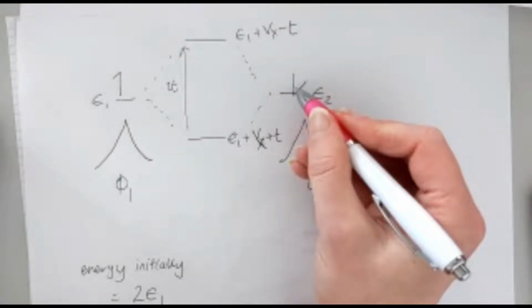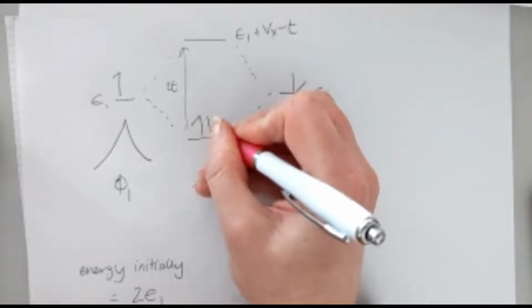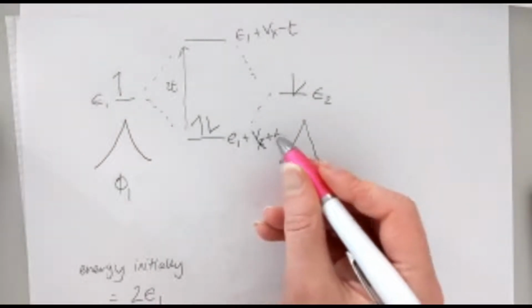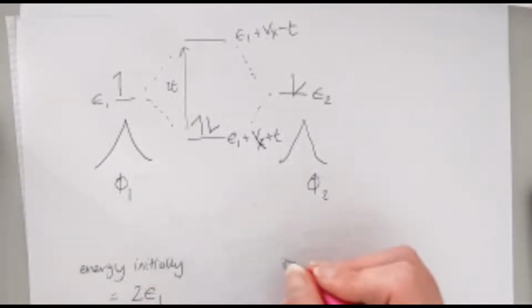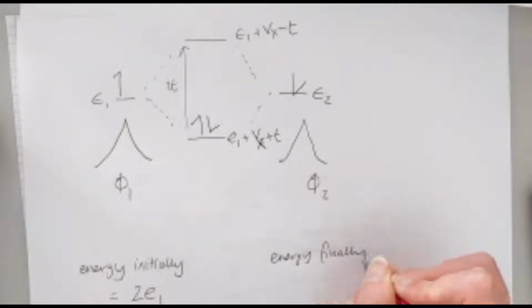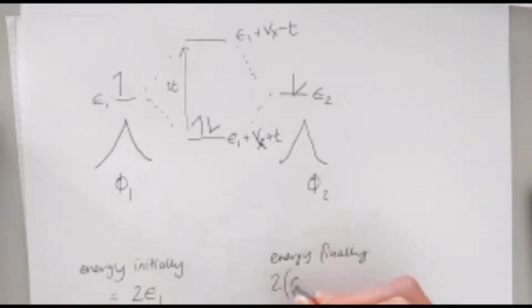And the point is that now the two electrons can go into this state here, and each of those atoms has got this energy. So now energy finally is equal to 2 epsilon 1 plus V cross plus T.